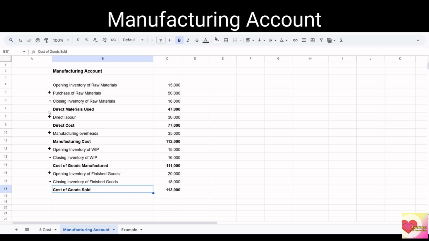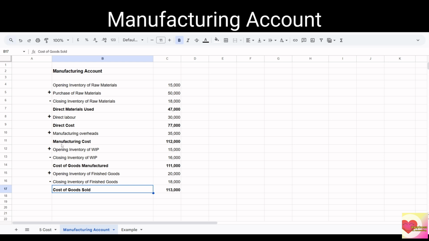Three of them have the opening and closing inventory, which is the first and the last two. For these two that don't have the opening and closing inventory, we will only insert one cost, which is easy to remember because they start on the same word.